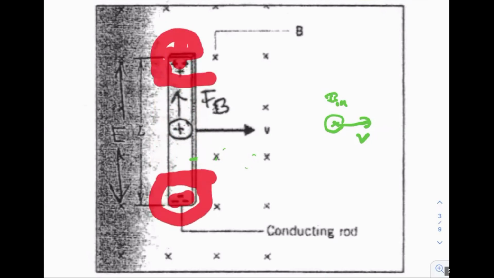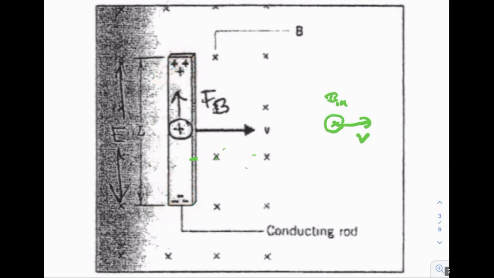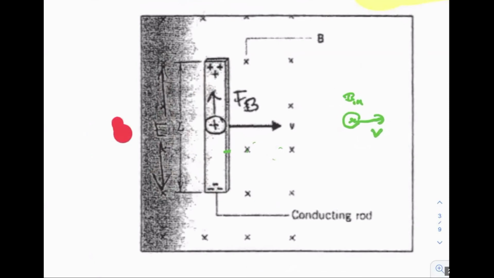Which means that there's going to be an electric field in this direction. And notice that there's a separation distance, which is L. Strength of the electric field times the separation distance is going to give you the voltage difference between those two points. So this metal rod becomes a battery.